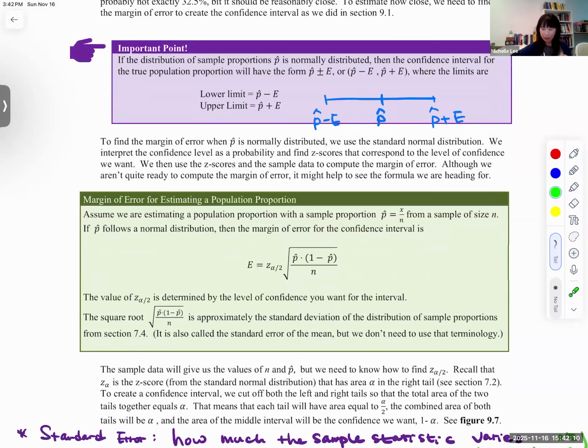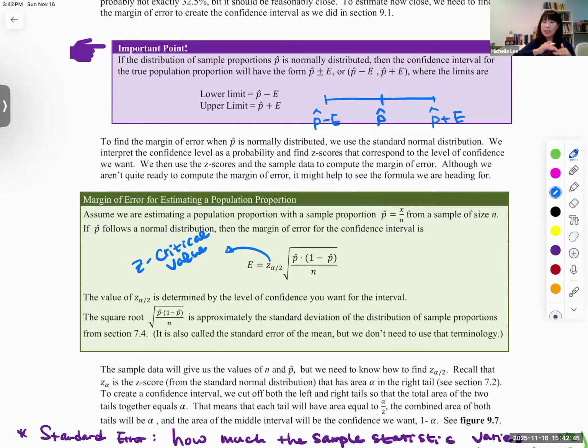We have z sub alpha over 2. We call this the z critical value. It can be a z score.